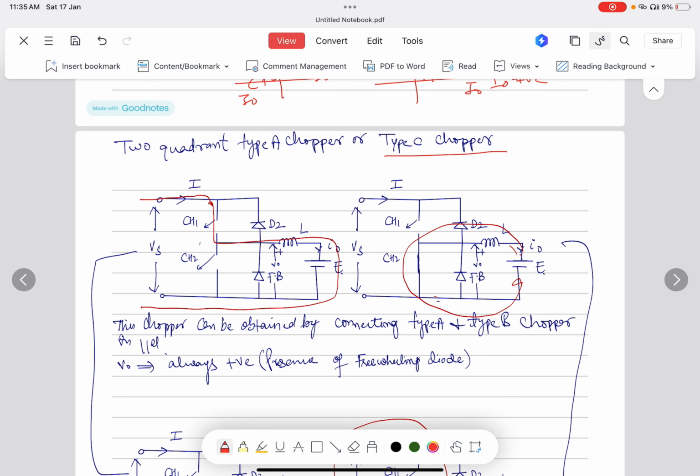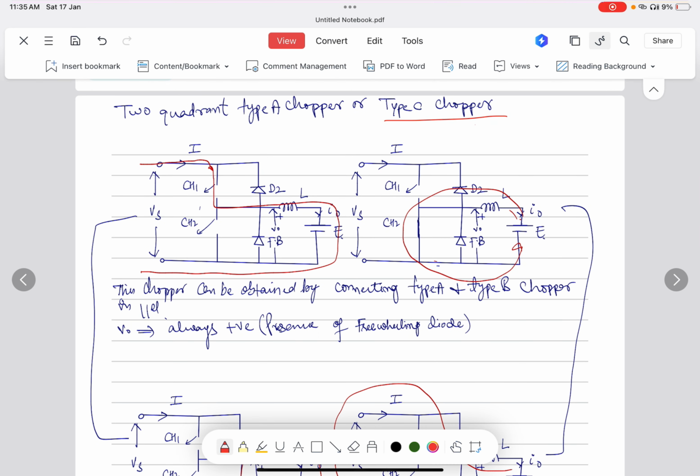If you look at the circuitry of it, here there are two choppers CH1 and CH2. Both are connected in parallel.